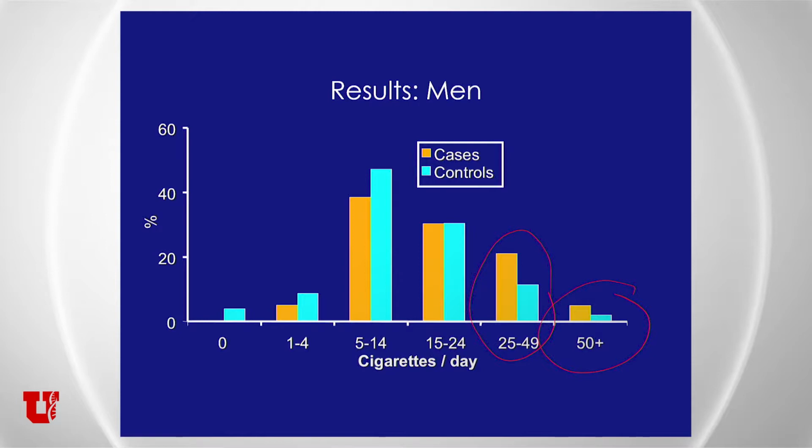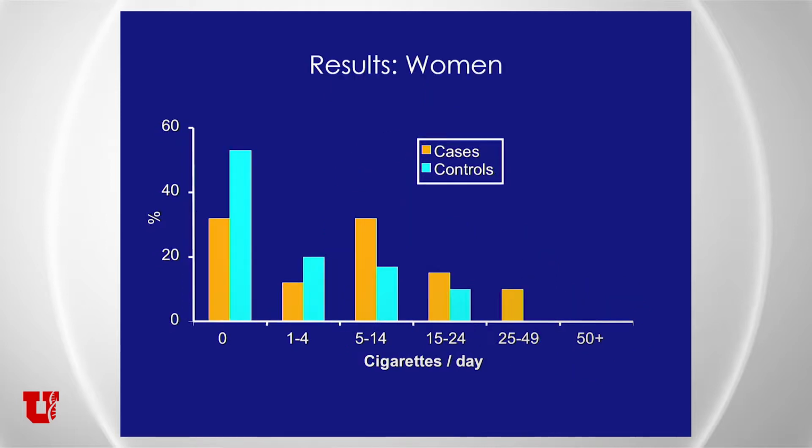Whereas among people who reported that they smoked but only, say, 5 to 14 cigarettes a day, controls somewhat predominate. So again, you're reading this article, you're a doctor in 1950. Is this enough evidence to persuade you or to recommend to your patients that they cut down on smoking? And among the women, we see the same thing.